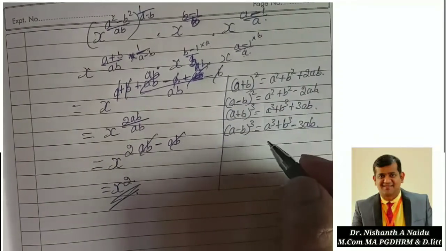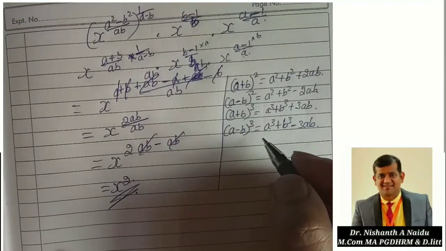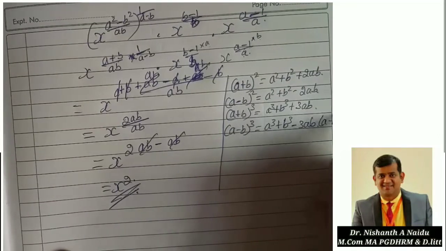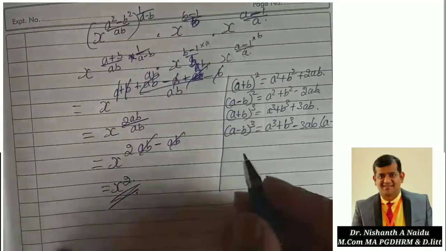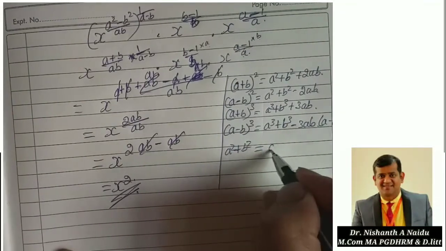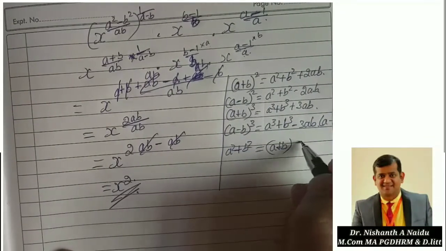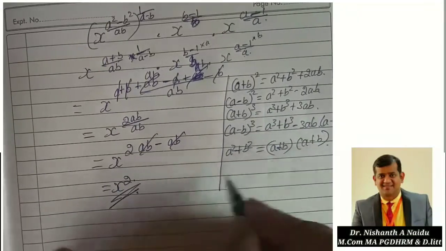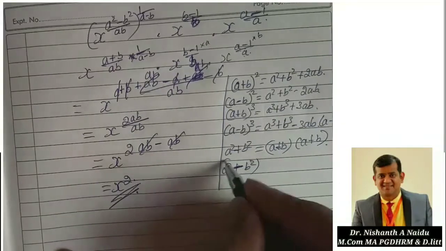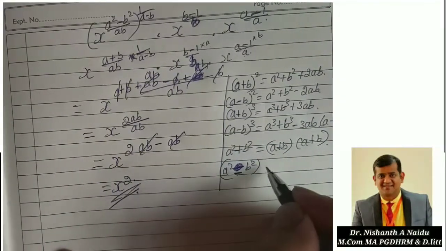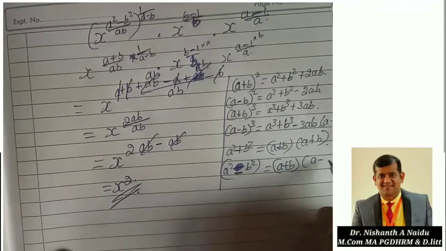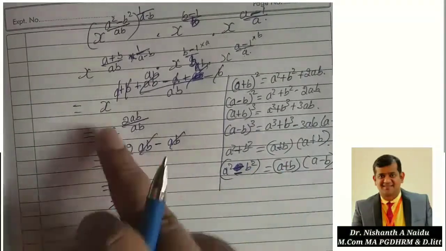Okay, so this is the formula which we follow, that is A minus B. The same way, A square minus B square is always equal to A plus B into A minus B. The same thing I have applied here.